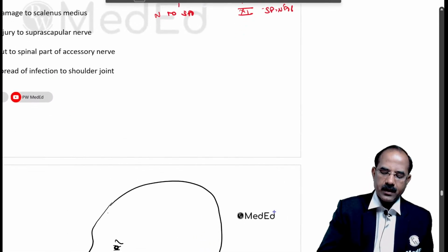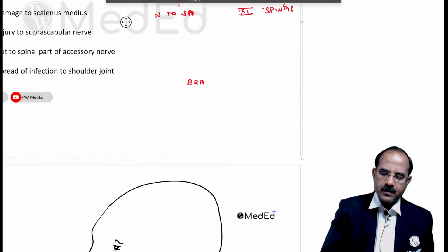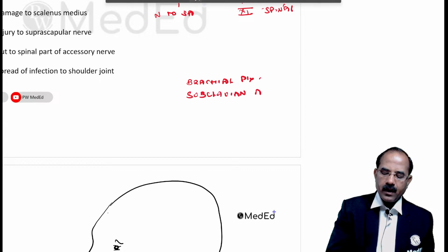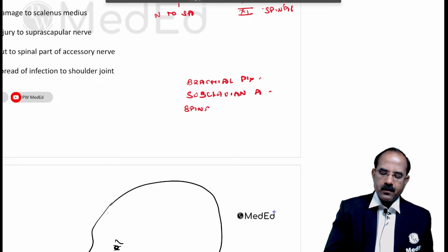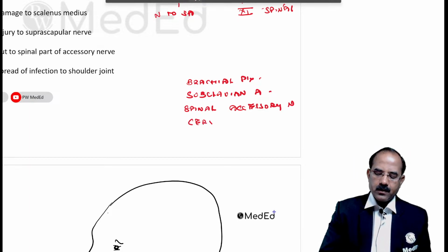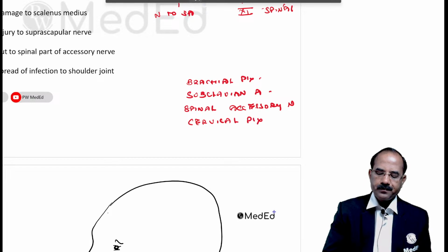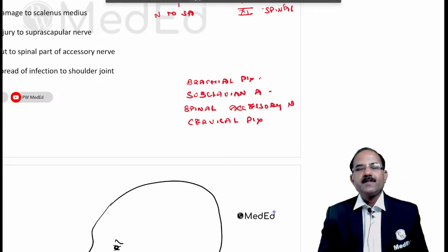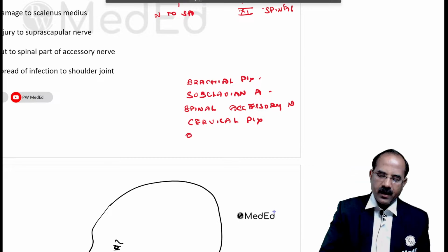1 is brachial plexus, subclavian artery, spinal accessory nerve, cervical plexus, occipital artery.